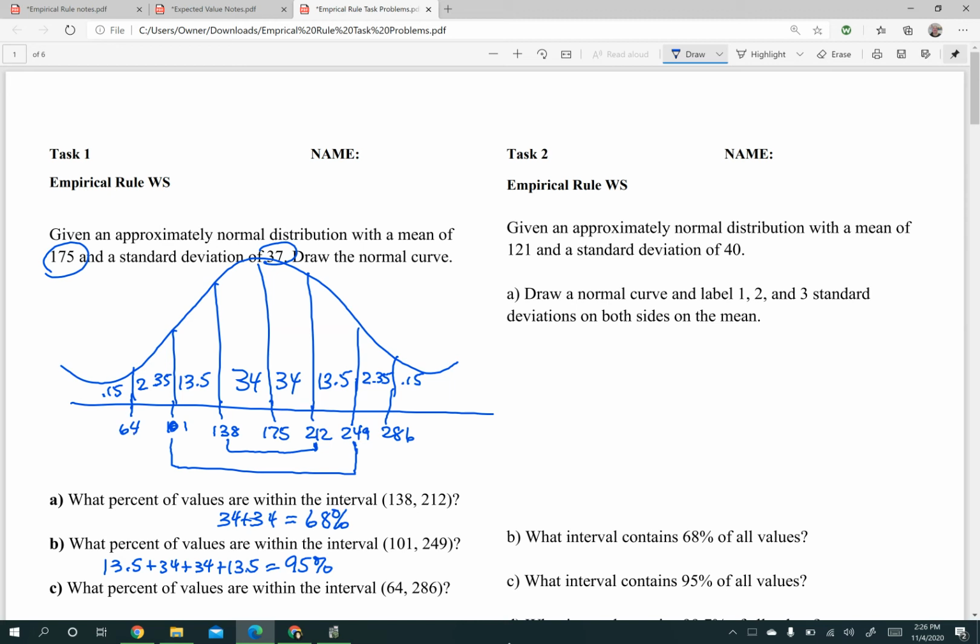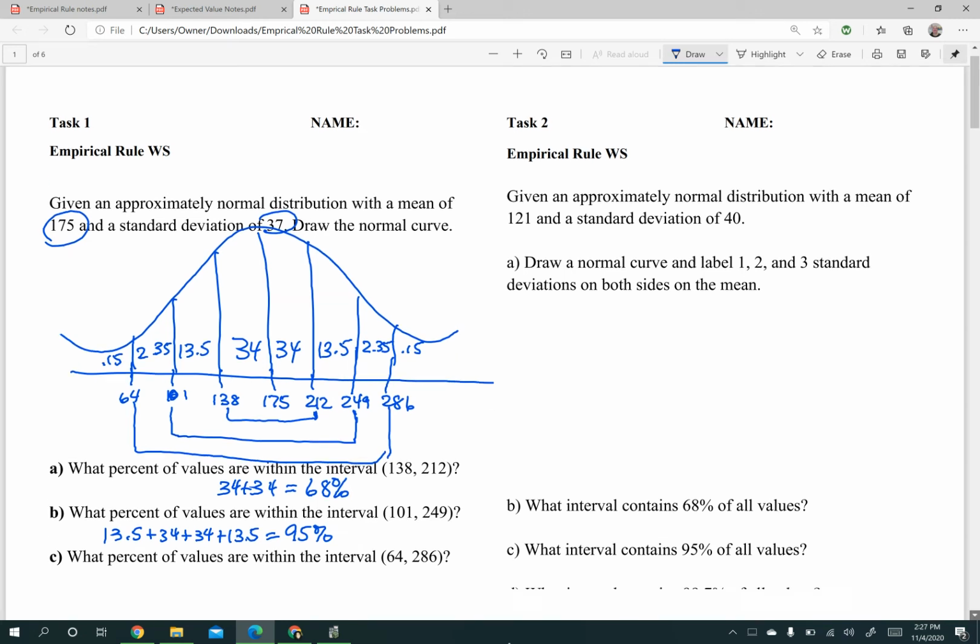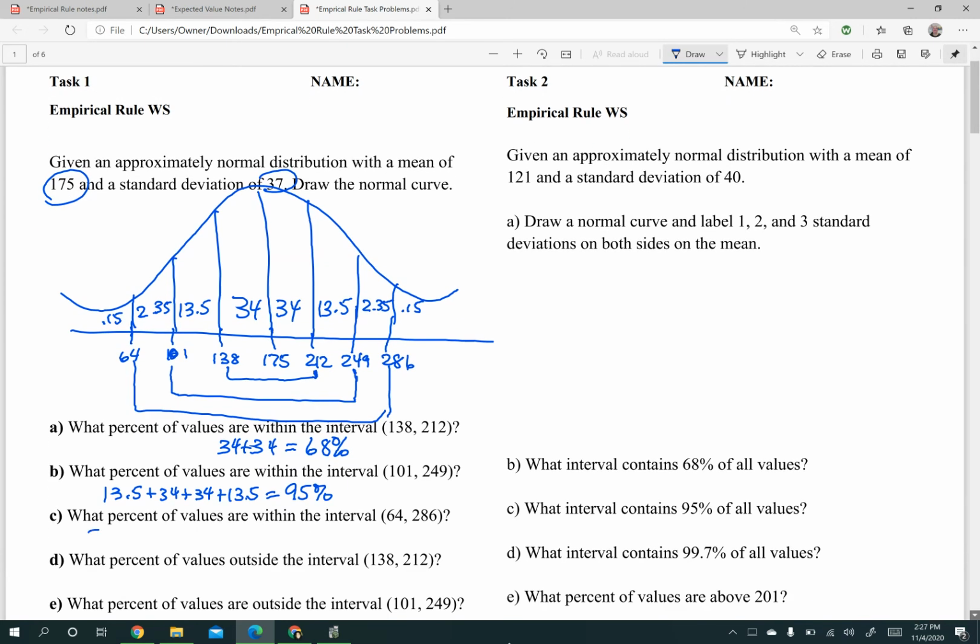What values are between 64 and 286? Well, that's 2.35 plus 13.5 plus 34 plus 34 plus 13.5 plus 2.35, which is 99.7. Okay?